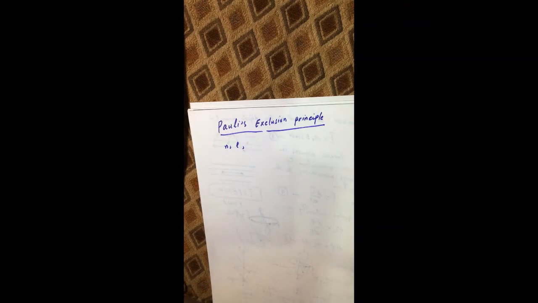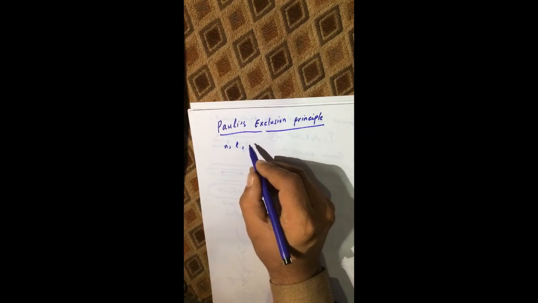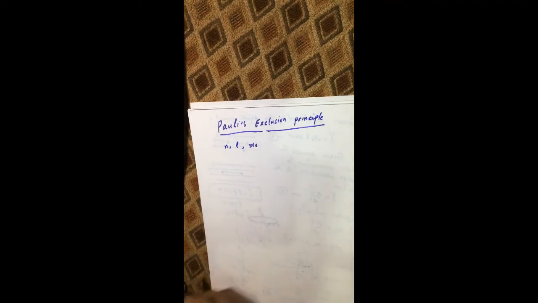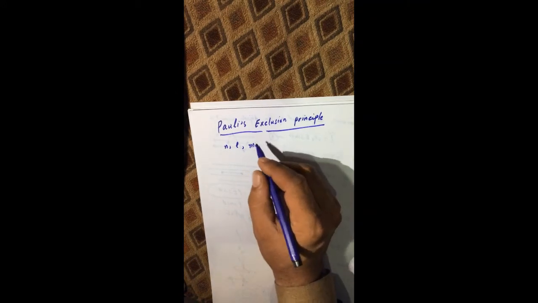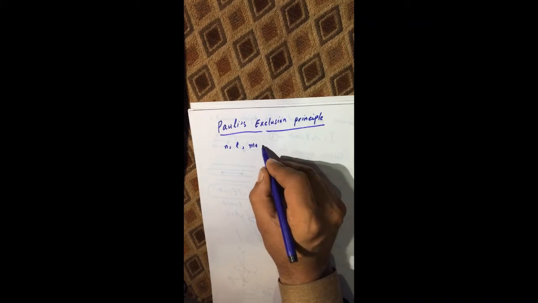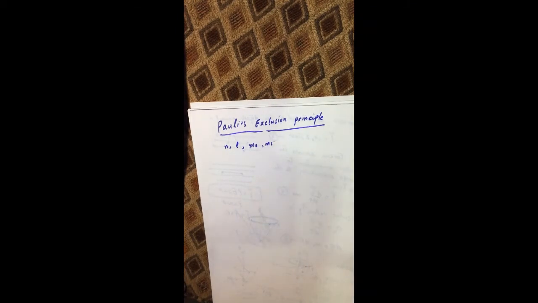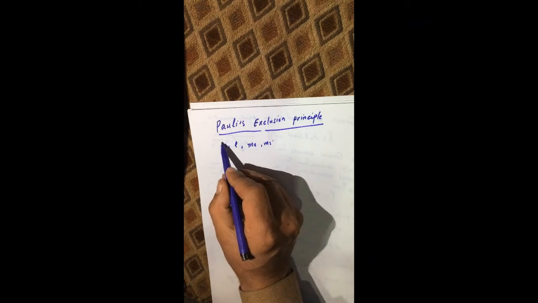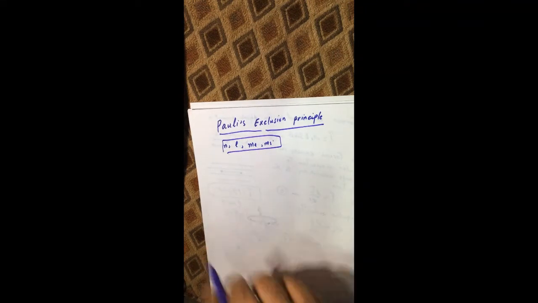The third is the magnetic orbital quantum number ml. The fourth is the magnetic spin quantum number ms. These four quantum numbers completely specify the state of an electron in an atom. So the Pauli exclusion principle is all about these four quantum numbers.